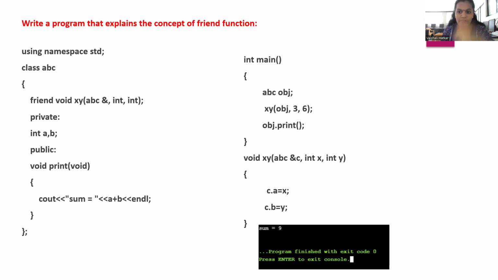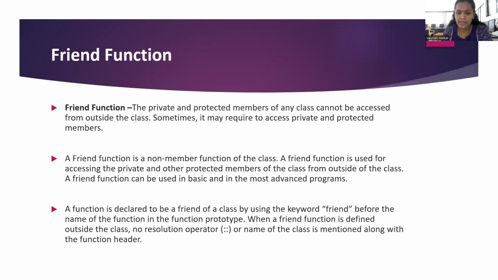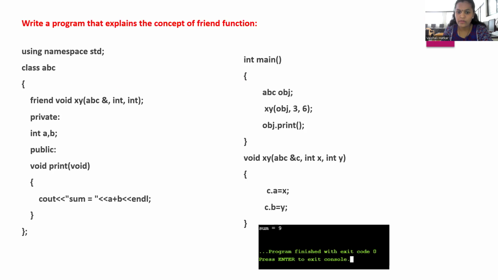Then in the main function, we are creating the object of our class, which is ABC. xy is a function. In the previous slide, we saw we cannot use the scope resolution operator or class name along with the function heading. That's why we are only giving xy, the function name, and we are passing the ABC class object. We are adding two variables, 3 and 5.